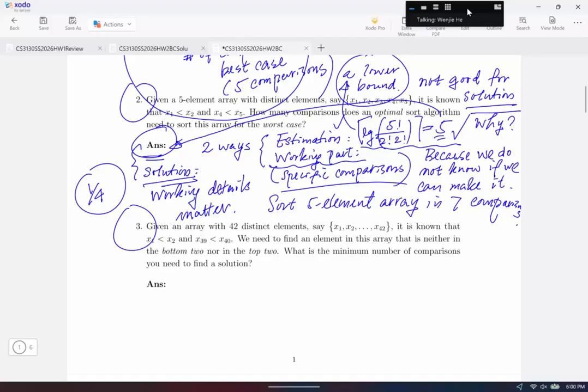We did it in class. I give you all the details. Similarly, number 3, I can talk about together. Not sort, number 3 is find the median of 5 in 6 comparisons. We did it in class.